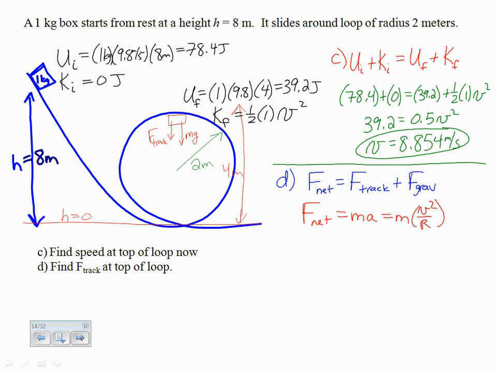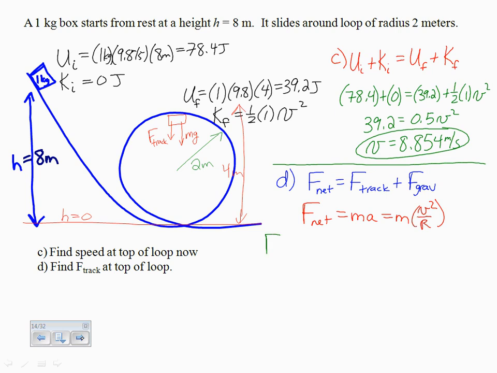In a lot of ways, this is similar to the elevator that moves up and down, where you need to find the normal force, the force of the elevator floor on the person, or a block that's being pulled up or down by a rope, trying to figure out what the tension in the rope is based on its acceleration. This isn't something that's moving in a straight line, but it's the same idea.